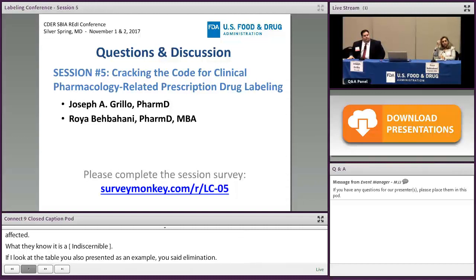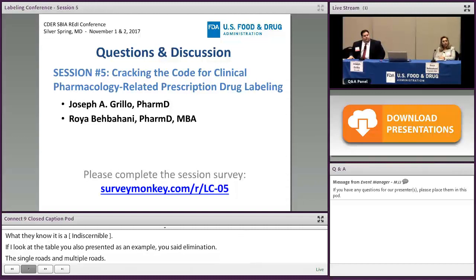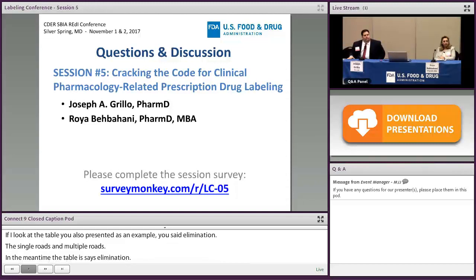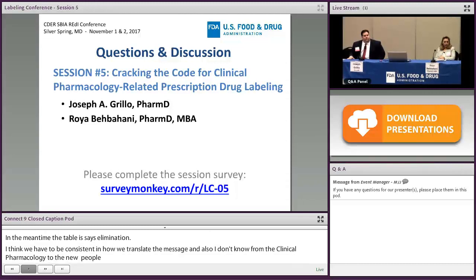In the meantime, in the table, it said elimination half-life. So I think we have to be consistent in how we translate the message, because people don't understand what it is or how we calculate an effective half-life. That can be done in many different ways, so we have to be a little bit cautious in how we translate that information.